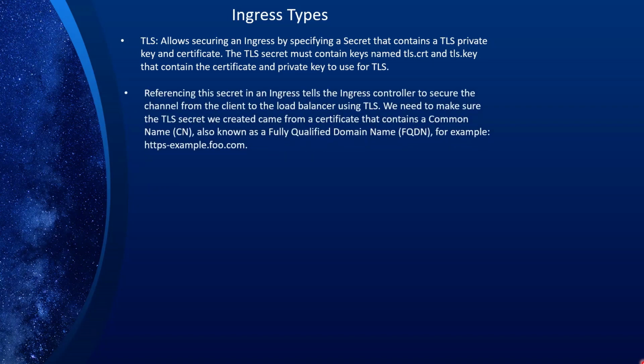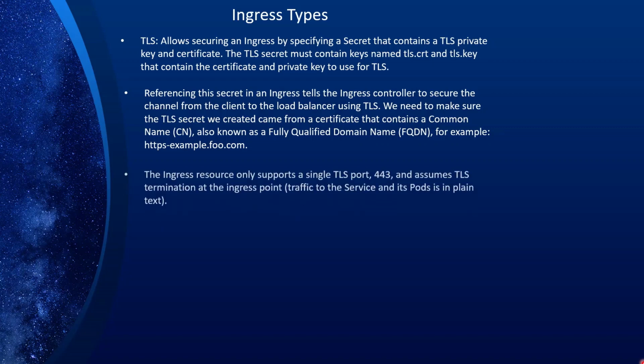Referencing this secret in an Ingress tells the Ingress controller to secure the channel from the client to the load balancer using TLS. We need to make sure that the TLS secret we created came from a certificate that contains a common name, or CN, also known as a fully qualified domain name, or FQDN. For example, https://example.food.com. So the name must adhere to the FQDN, or fully qualified domain name.